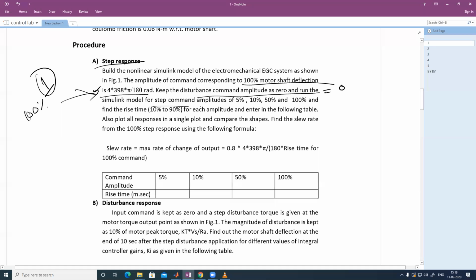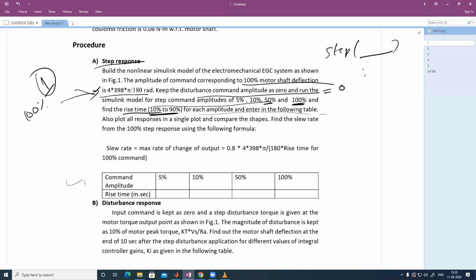And the step command you have to change to 5%, 10%, 15%, and 100%, and find the rise time. Rise time is 10% to 90% for each amplitude, and enter it in the following table. Earlier it was easy. If you give a step to the linearized system and right click, you will get the characteristics, the rise time, settling time, everything.